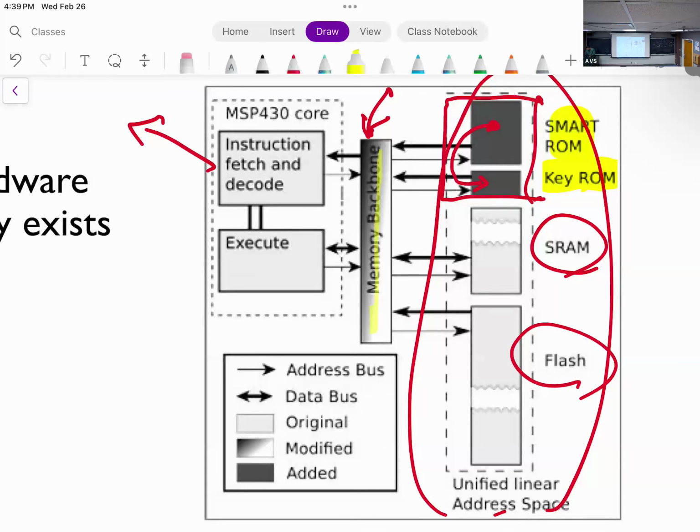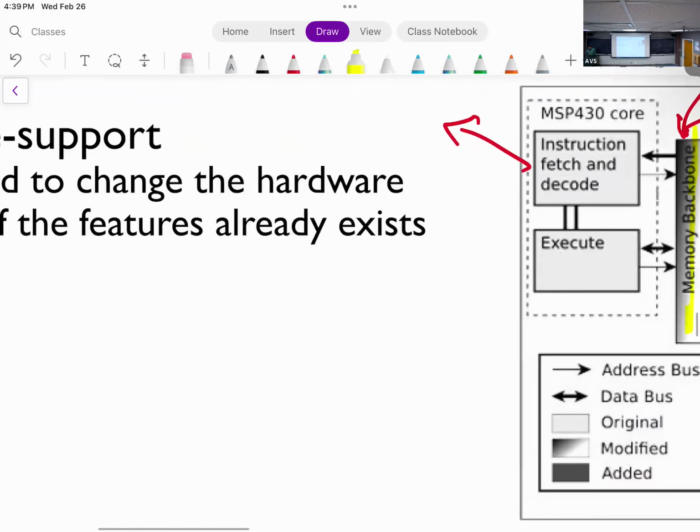And then this memory backbone, essentially your bus, should be designed such that not everybody can read that key. Only an instruction that belongs to this region should be able to read this key. Anyone else who tries to read that address will be blocked by hardware. That's why it's a hardware-software co-design kind of thing.